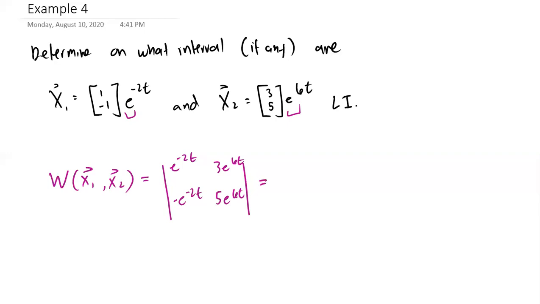This is a determinant, so we have the formula. Multiply the first diagonal, so it's e to the negative 2t times 5e to the 6t. And then subtract the product of the other diagonal, so 3e to the 6t times negative e to the negative 2t.